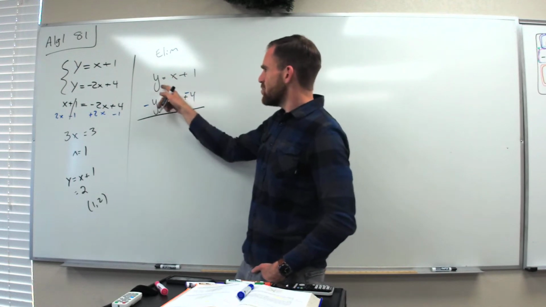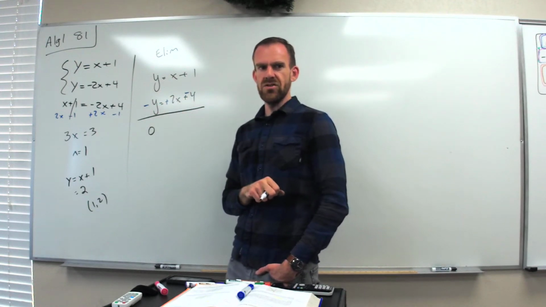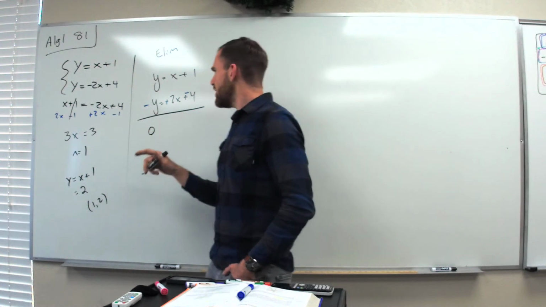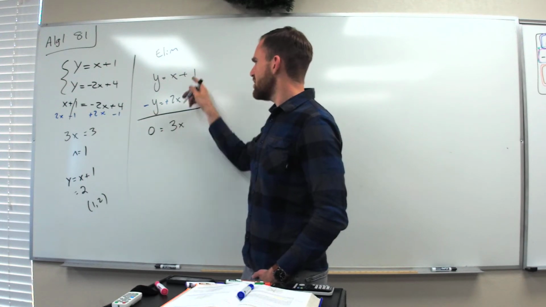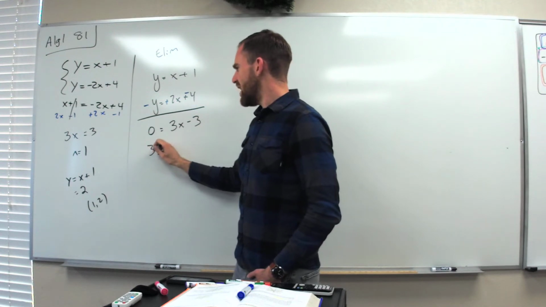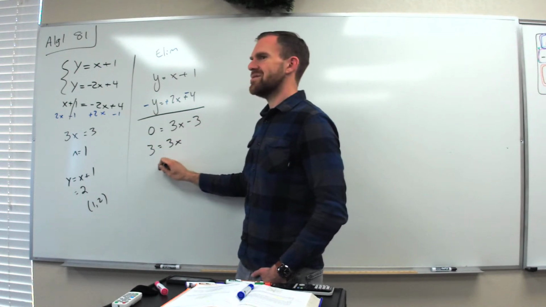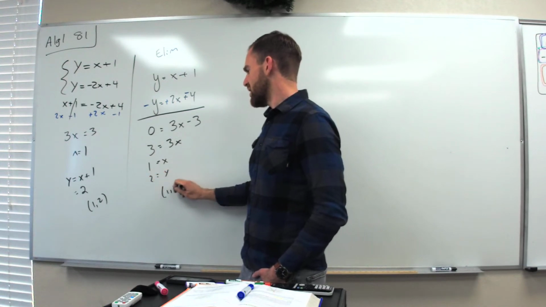Y, right? Because y minus y is 0, so my y's have been eliminated. Then x plus 2x is 3x. 1 minus 4 is minus 3. If I add 3 to both sides, 3 equals 3x, and we are not surprised that x equals 1, y equals 2, and our answer is 1, comma 2.